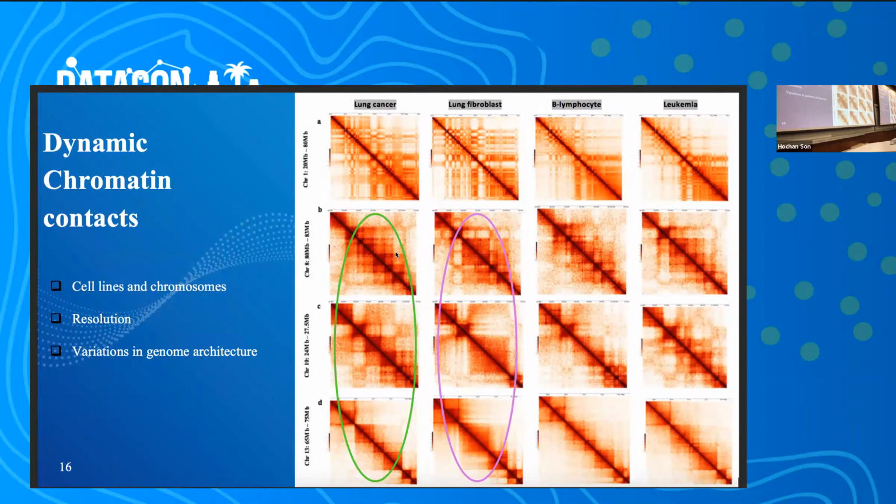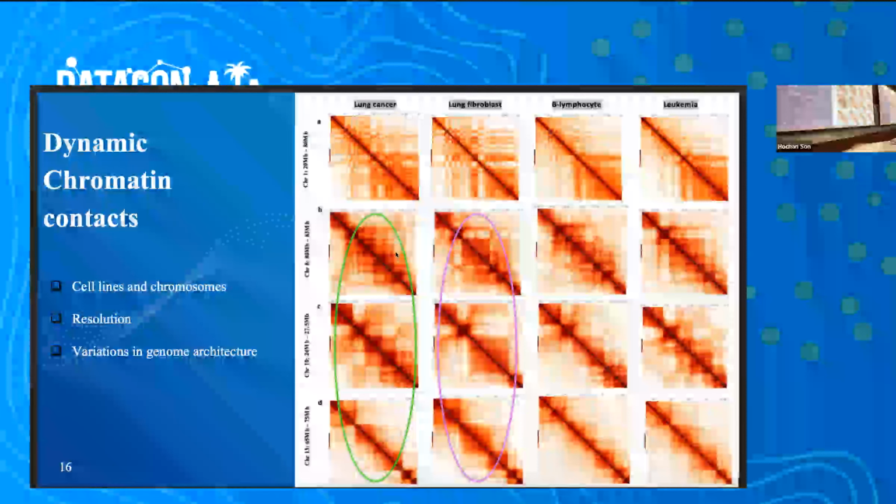So in this paper, we have a lung cancer cell line, lung fibroblasts, B lymphocytes, and the last one is a leukemia cell. So these are cancer cell lines and normal ones.